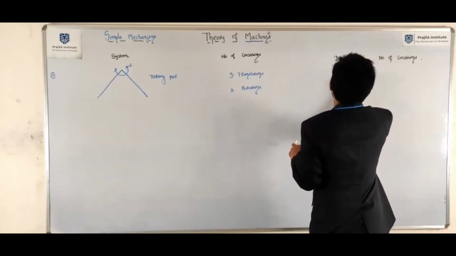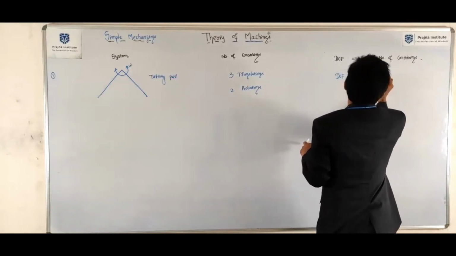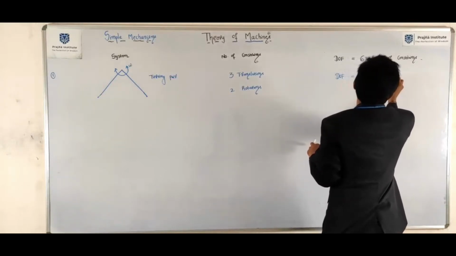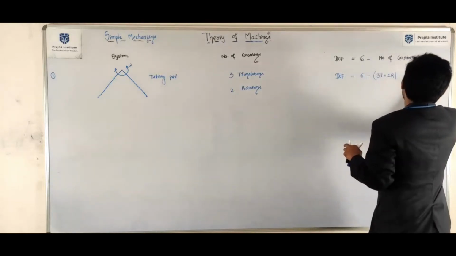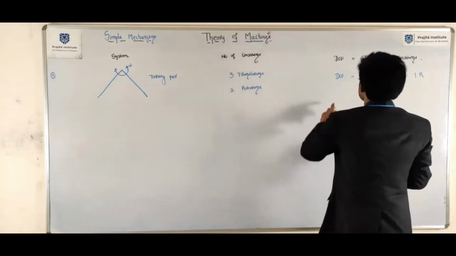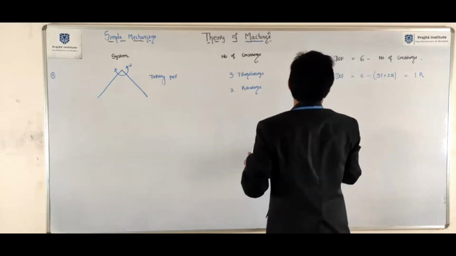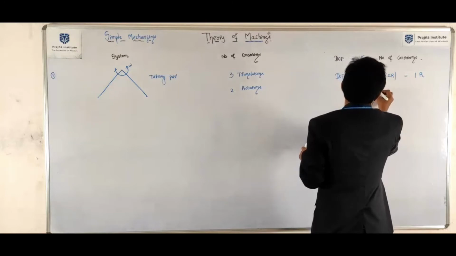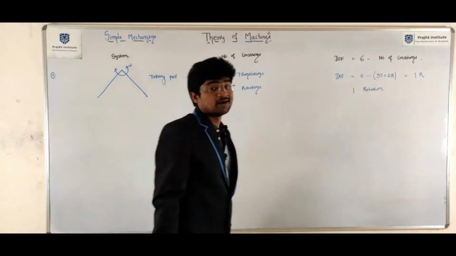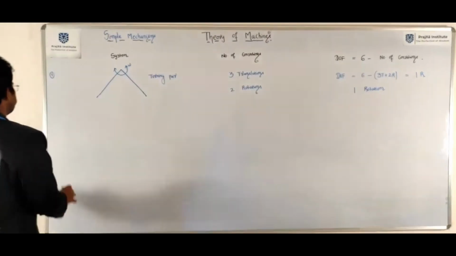Degree of freedom is equal to 6 minus 3 translations, 2 rotations, which means 1 rotation. So here, only 1 rotation is allowed.